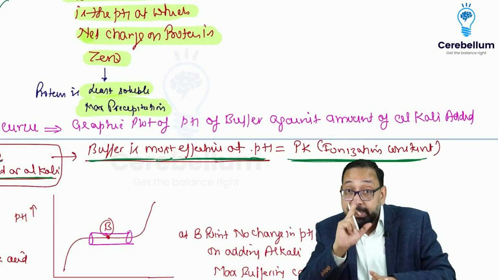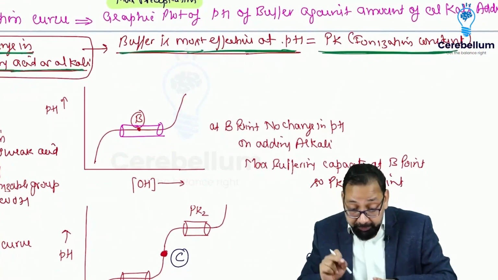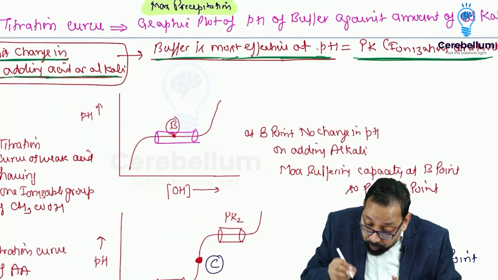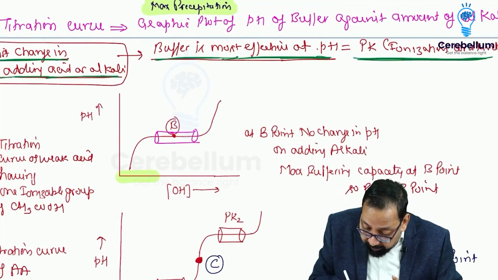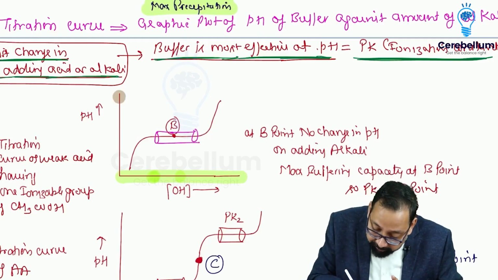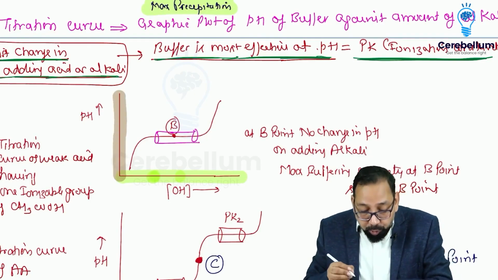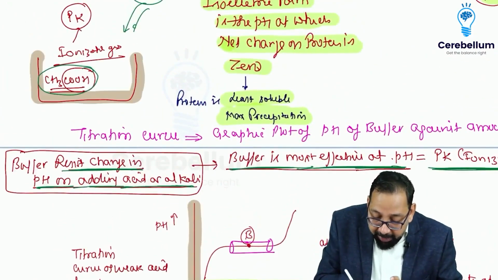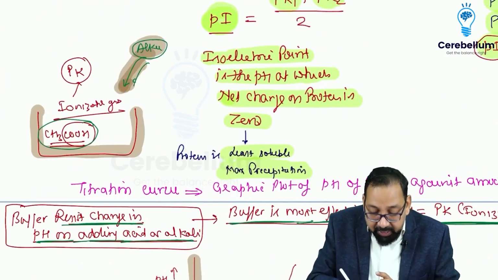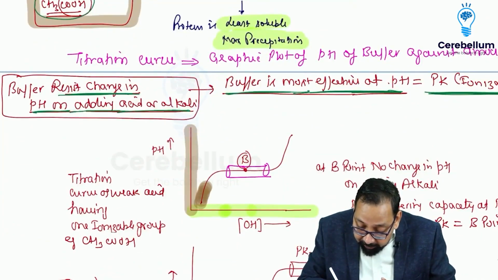Now, the titration curve. What is a titration curve? Before going to the definition, look at this. I took OH, meaning the addition of alkali, on the x-axis, and the change in pH on the y-axis. Now, in this solution, I am adding alkali. As I add alkali, the pH will increase.